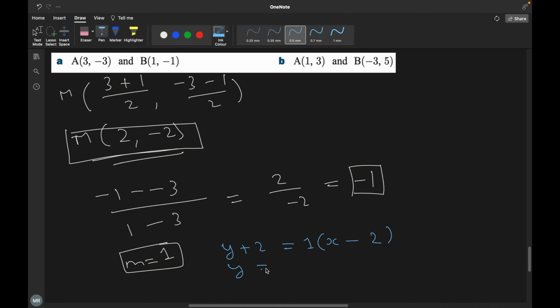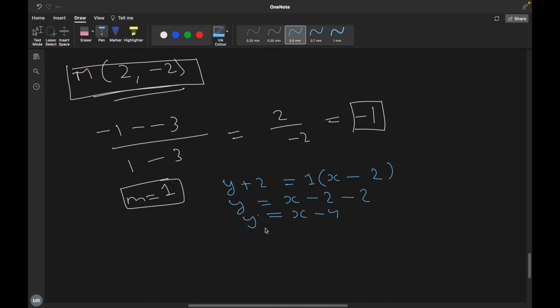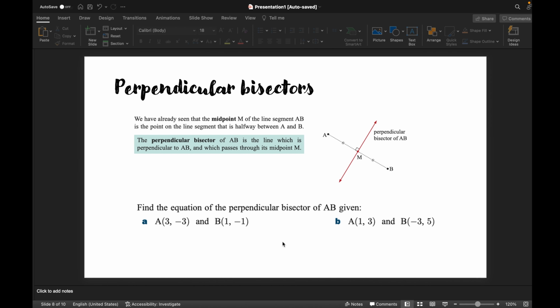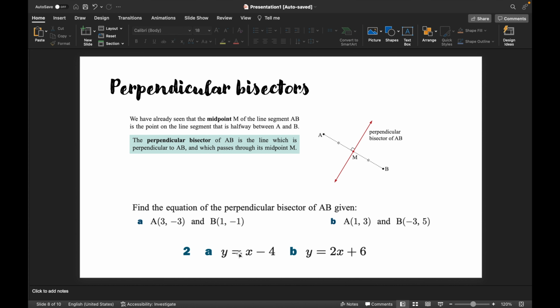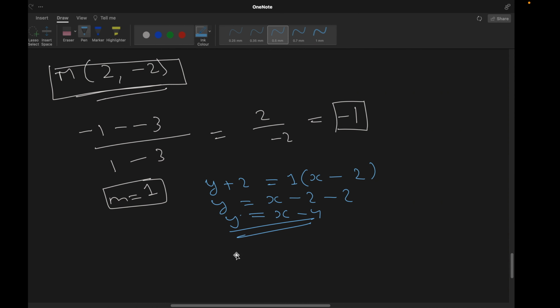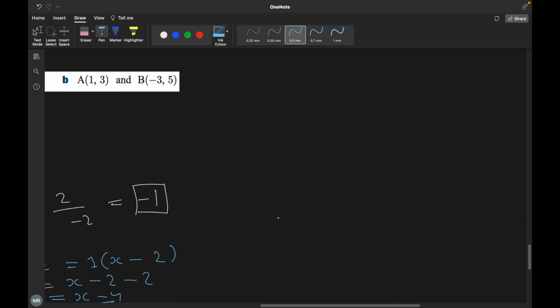So it would be y equals x minus 2 minus 2. So that would be x minus 4. So this is our equation. Let's cross verify. Yes, this is what we also got. Now let's solve the next one.